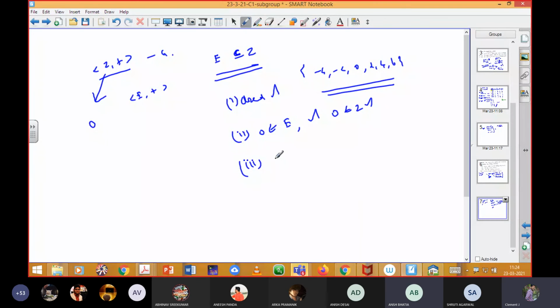Is the inverse satisfied? Yes, sir, it is satisfied. Very good. You can check any numbers: since the negative numbers are included in the set, certainly the inverse is also satisfied. Got it?